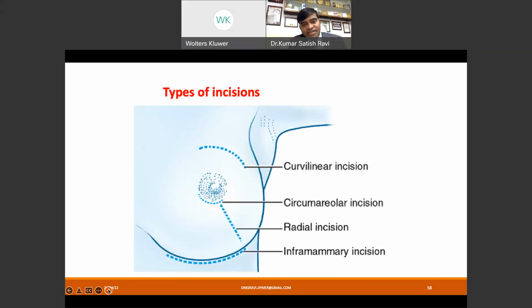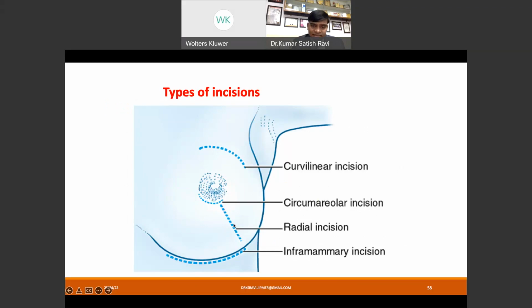During that procedure, there are different types of incisions. Over here, you can see in this diagram, this is the curvilinear incision. When we give an incision around this areola, we call it the circumareolar incision.